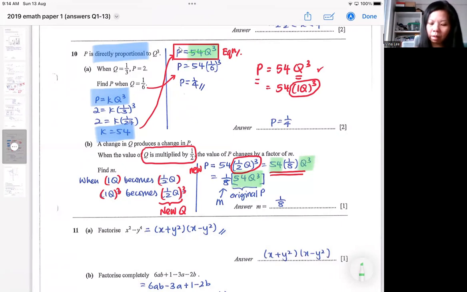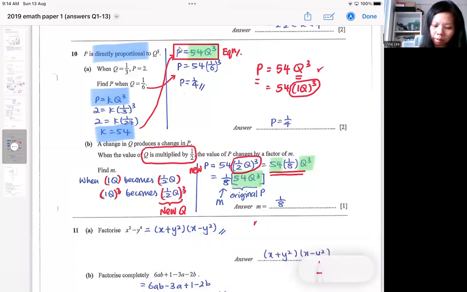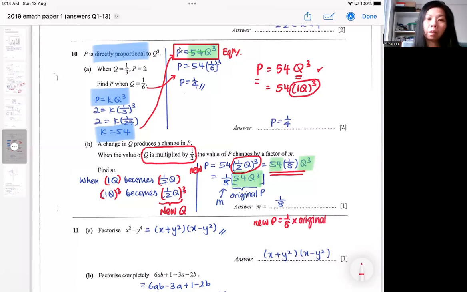So the factor that P changes by is 1/8. That means now the new P is 1/8 of the original P. So that's what we meant by the value of P changes by a factor M. Okay, so for this question, if let's say they never ask this way, they can actually rephrase it.